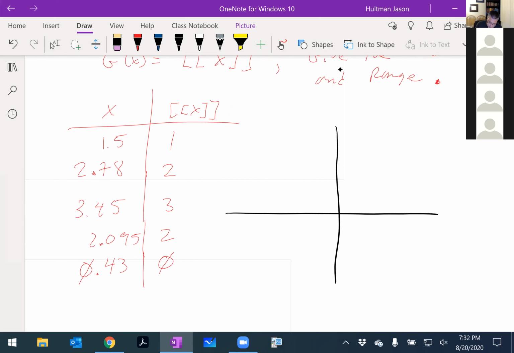It doesn't round, it just cuts them off, it truncates. That's the word, truncating. Okay, thank you.